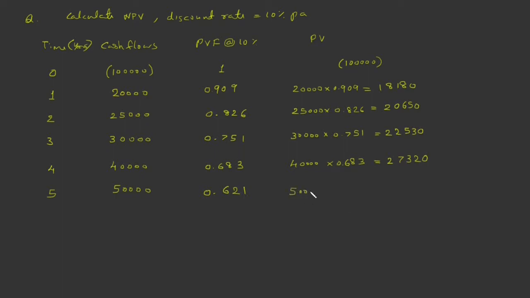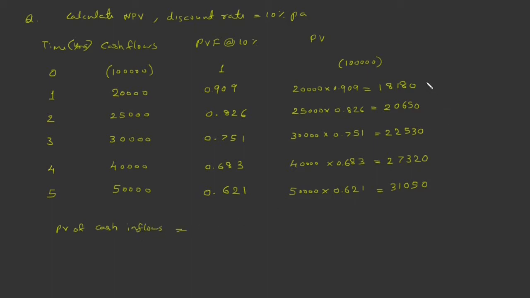And 50,000 into 0.621 is equal to 31,050.